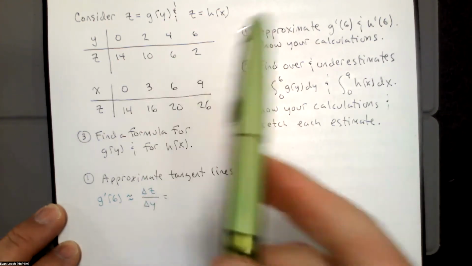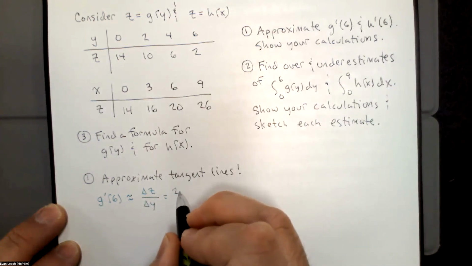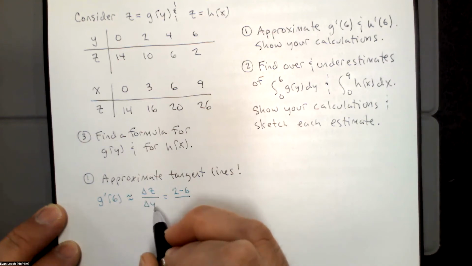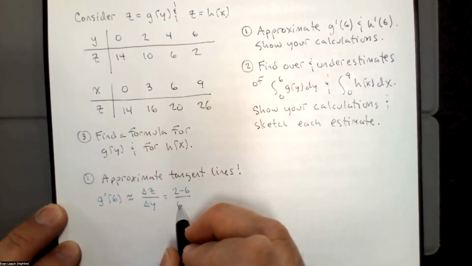Z went from 6 down to 2, and y went from 4 to 6.